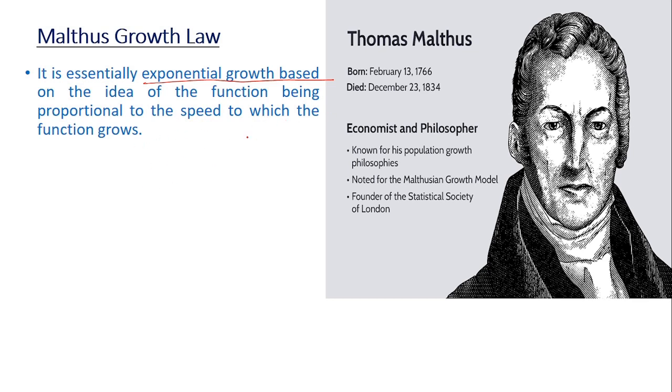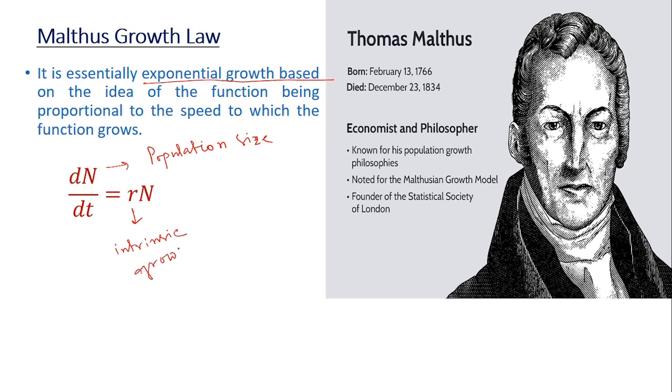That means if we write it in mathematical form, dN/dt equals rN, where N is the population size and r is the intrinsic growth rate, or we can say the proportional constant. This is the thing that Malthus proposed.